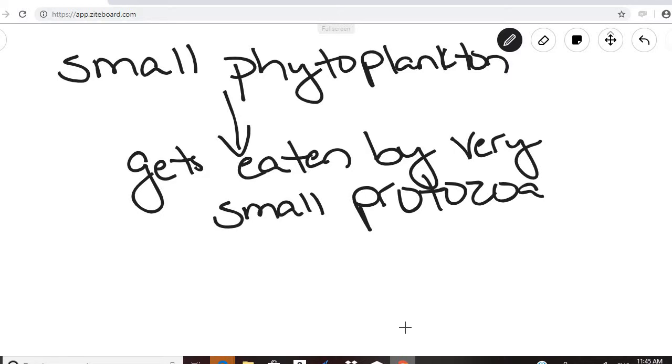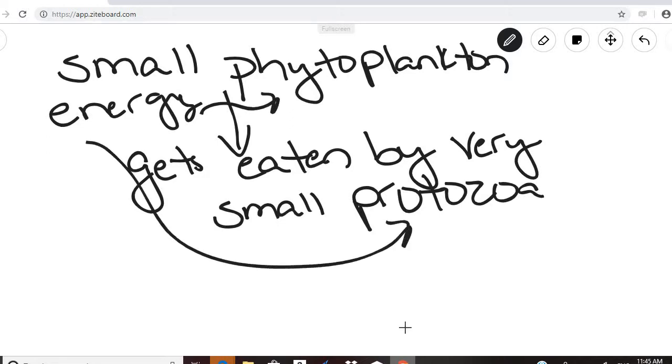So in other words, the energy that was contained within the phytoplankton now has gotten transferred to the protozoa. So that's one of the reasons we talk about what's being eaten by what, is to be able to trace the energy transfer within those organisms.